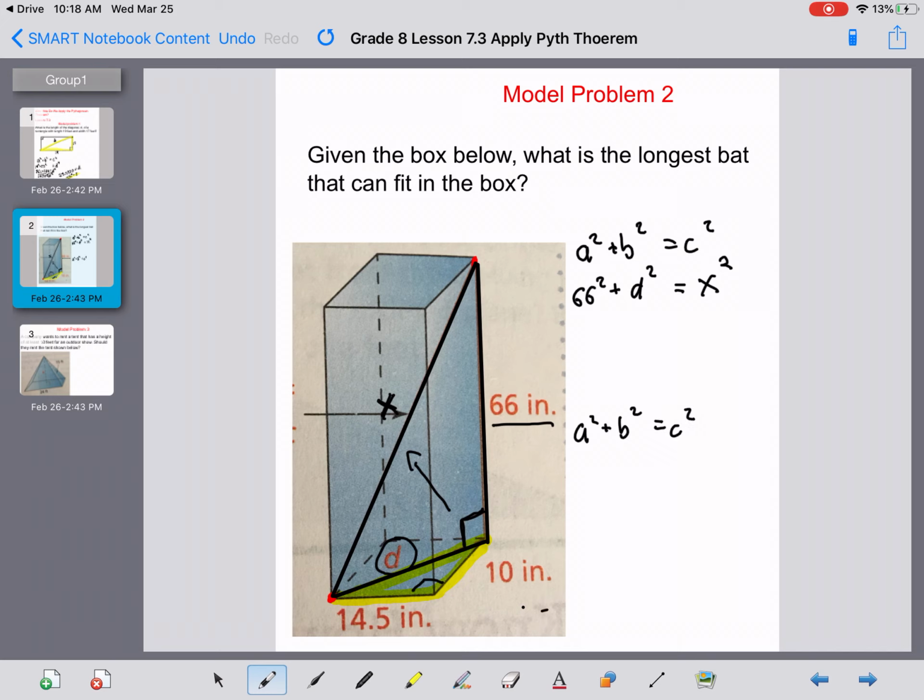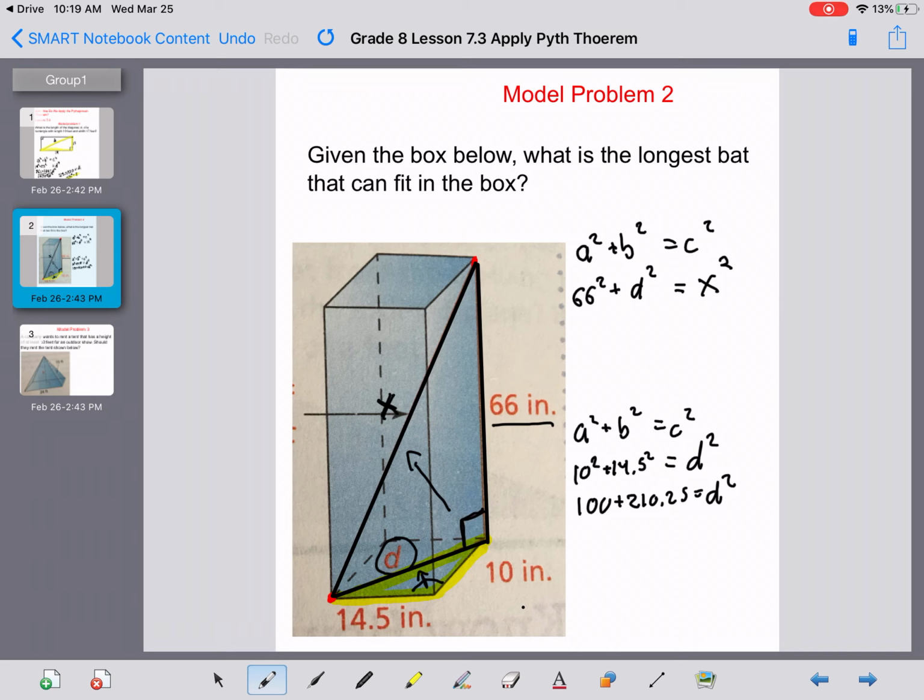Opposite this right angle is D, so that will go in for C. And then I can have 10 squared plus 14.5 squared in for my A and B. 10 squared is 100 plus 14.5 squared, which equals 210.25 equals D squared.